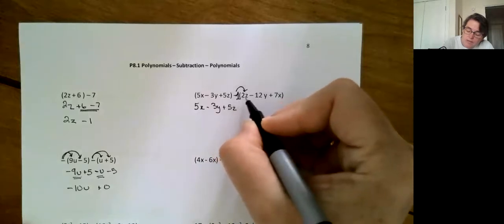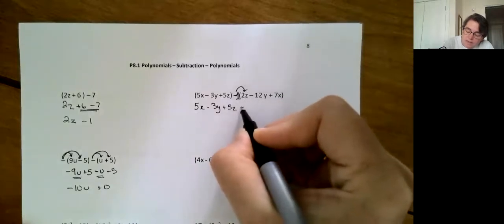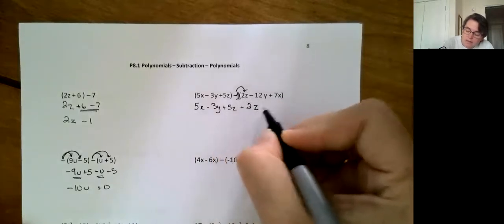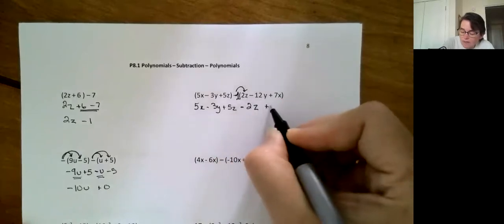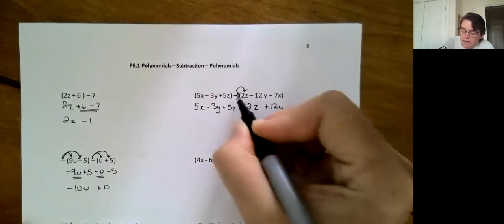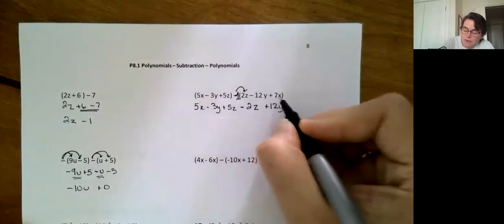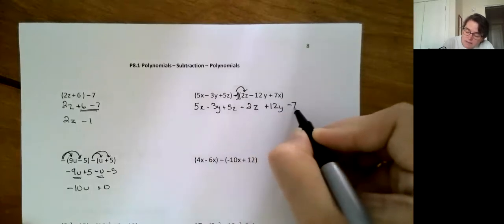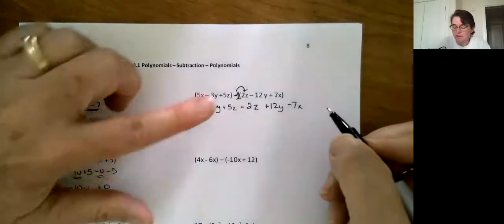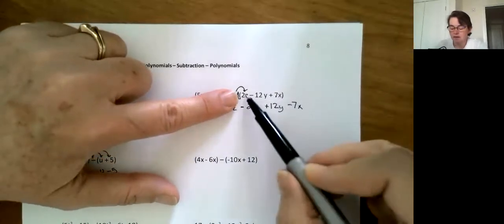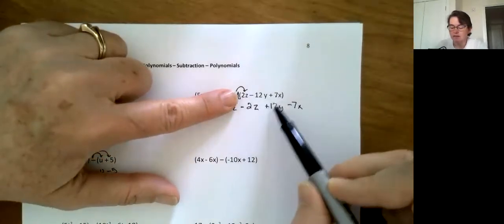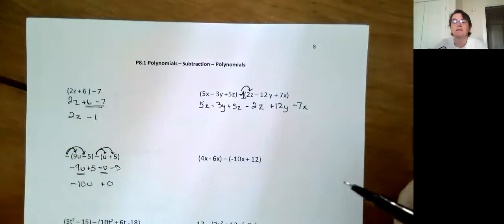So negative 1 times 2z is minus 2z. Negative 1 times negative 12 is positive 12y. And negative 1 times plus 7 is minus 7x. Now, I have shown you before, I'm just going to do a quick check. I changed my sign, I changed my sign, I changed my sign.